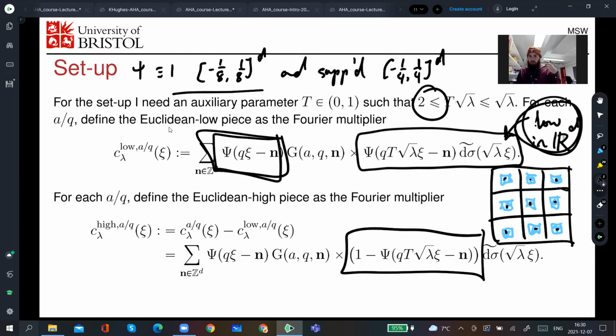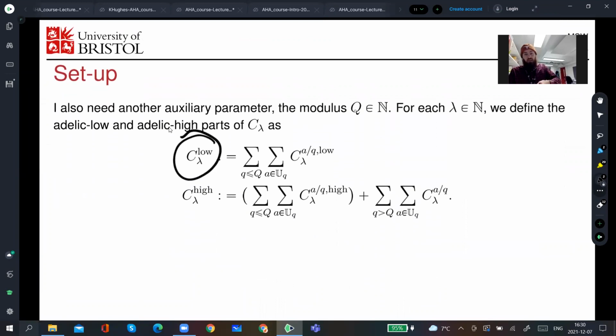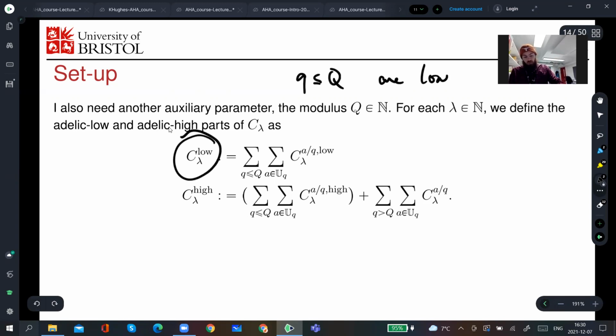And so that needs to be what's happening modulo q. And you insert another parameter, which I'll call big Q. This is going to be a modulus that all my q's go up to. And all the little q less than or equal to big Q are low, whereas q bigger than big Q are high. And this is in a dilation sense.